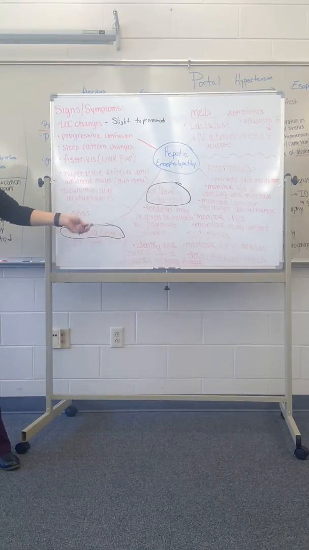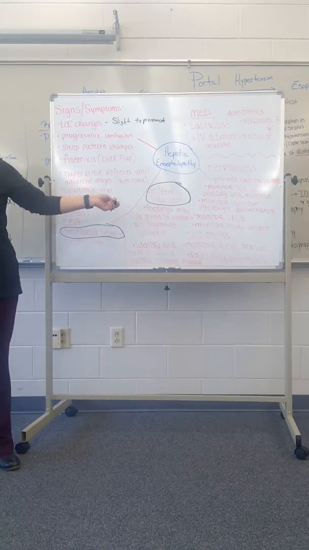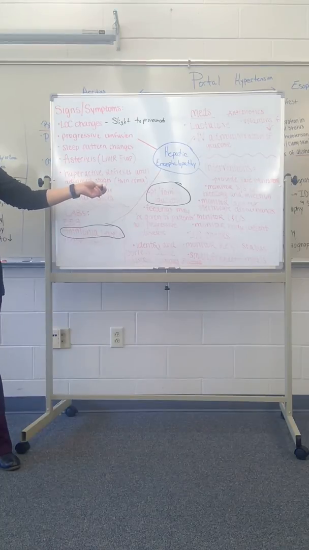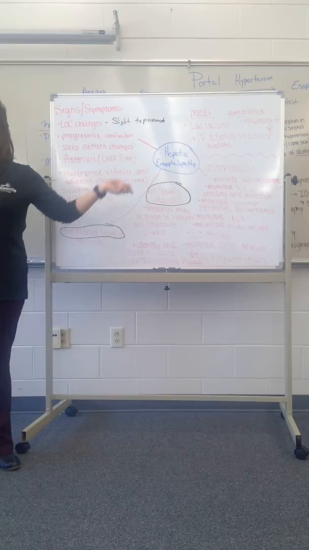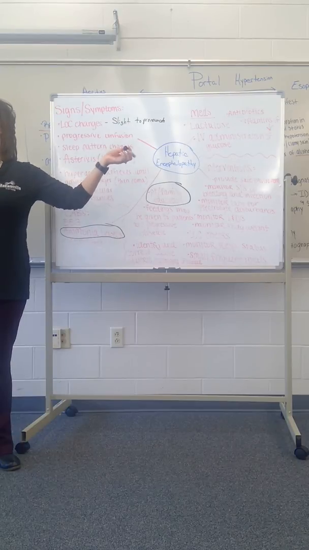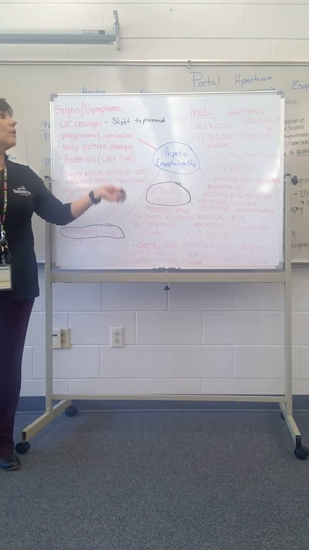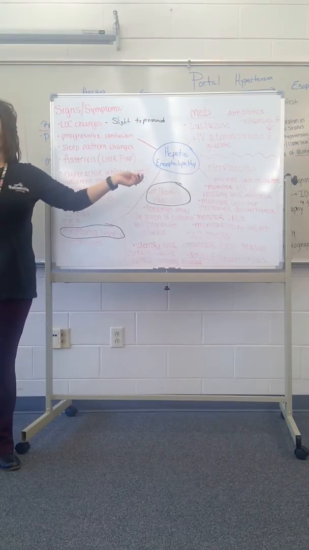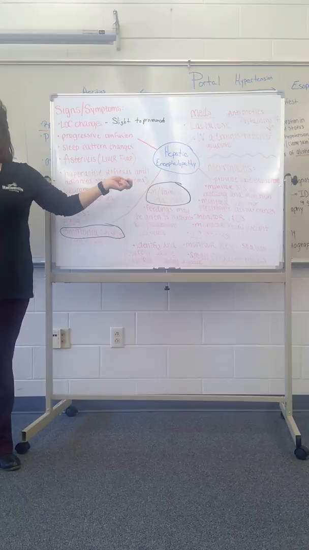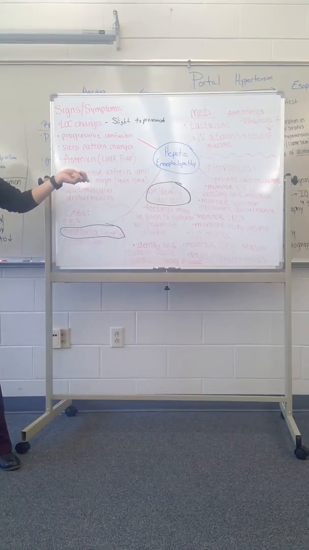They could have an infection. The normal flora in our colons is great and grand unless we've got some kind of disease process like this, and just the little bit of wiggle outside of the normal can cause these folks to have hepatic encephalopathy. So you've got to have really, really good assessment skills to detect anything that is going on with them.